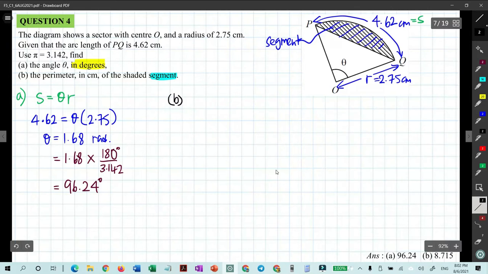So let's see how to find the length of line PQ. There are 3 different methods you can use to find this value of PQ. I'm just going to show you the 2 methods, which are relatively easier compared to the first method.